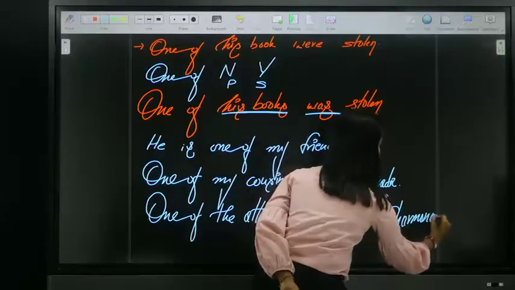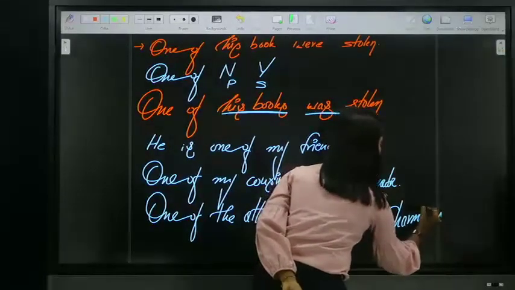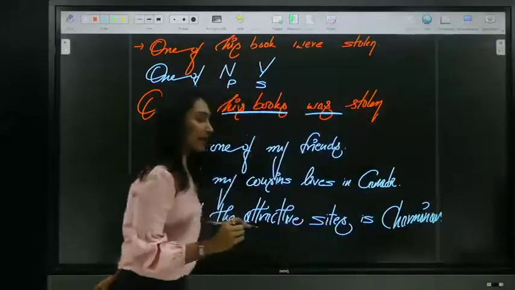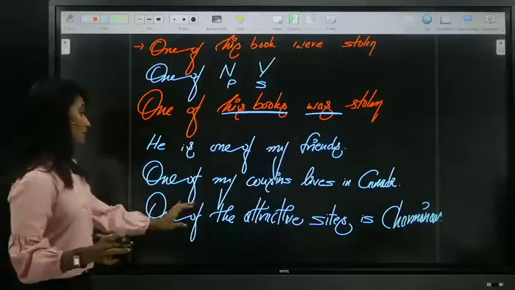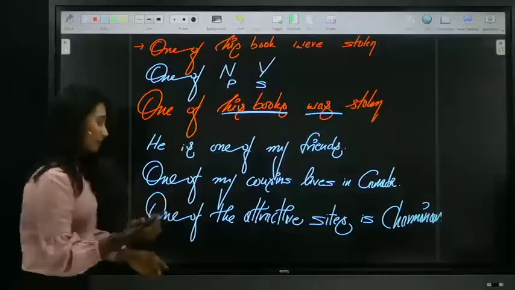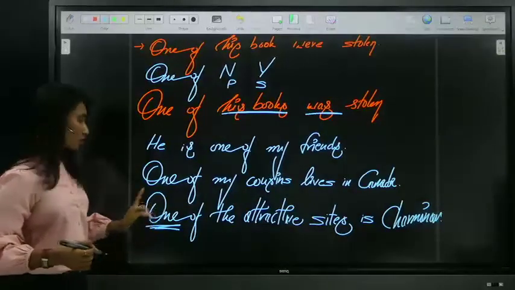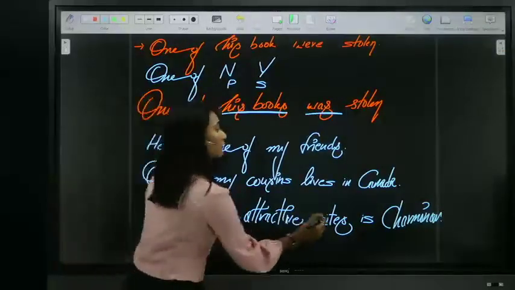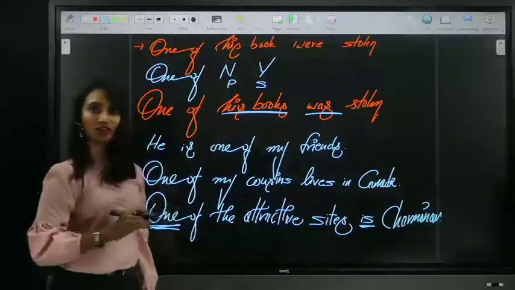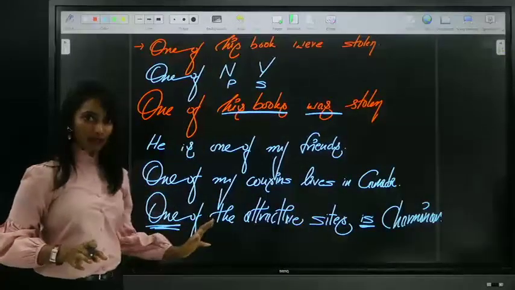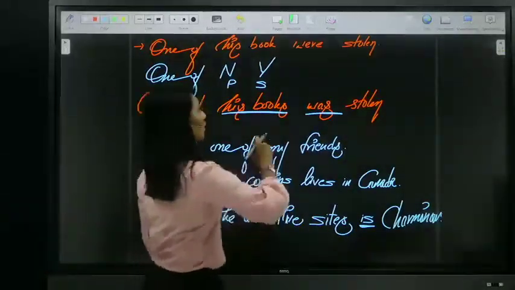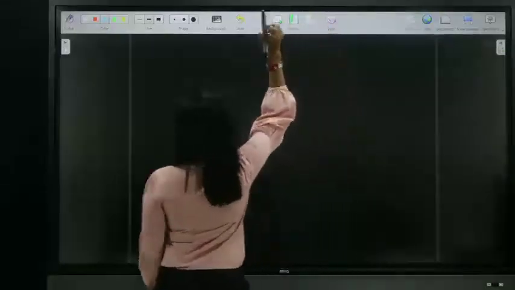Here I'm talking about many attractive sites in Hyderabad, but I'm not talking about all. I'm talking about only one. One of the attractive sites is Charminar. I hope this is clear to you with one of the. Let's move on to the next sentence.